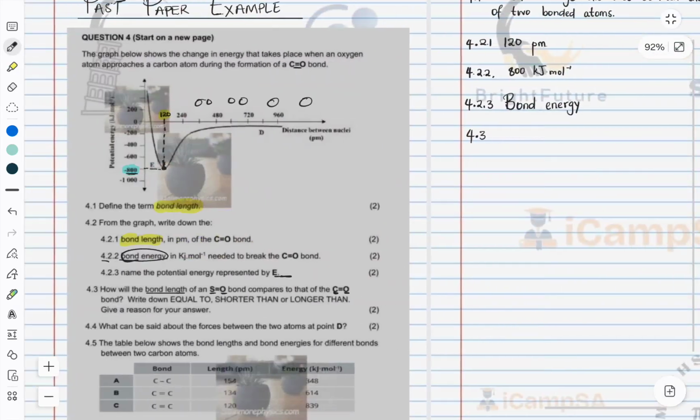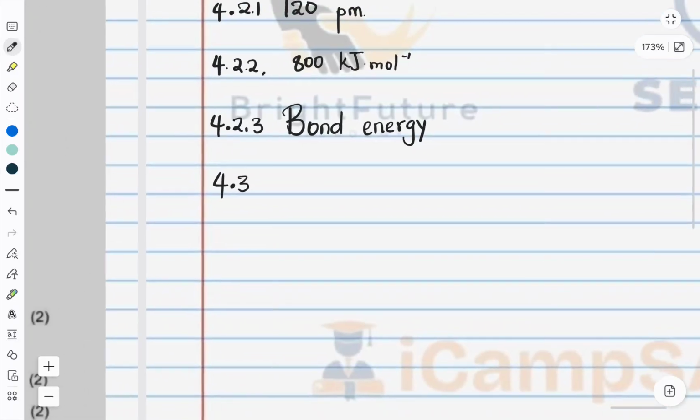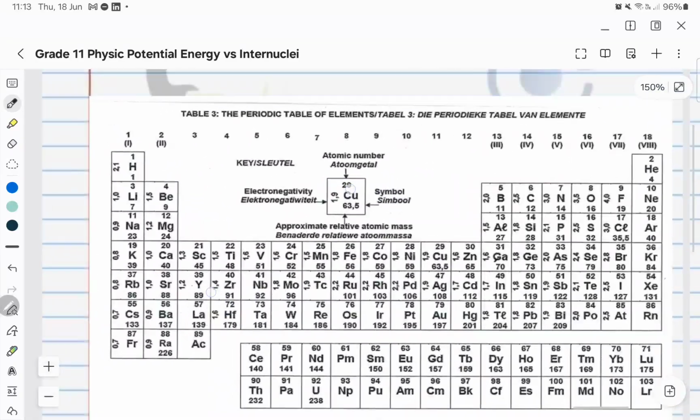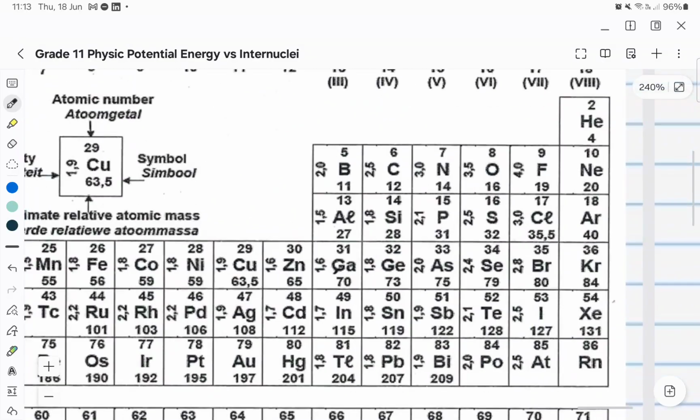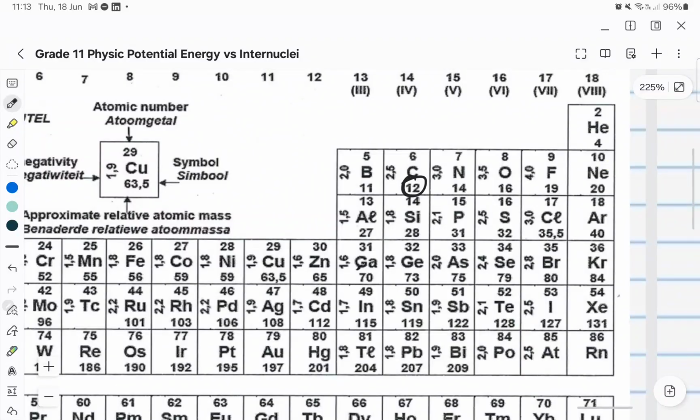Let's check our periodic table. We are looking for sulfur and carbon. Carbon has 12 as its atomic mass, and sulfur has 32.